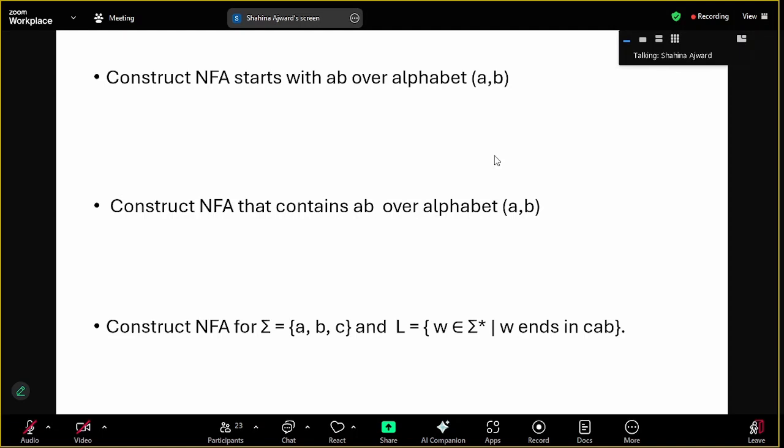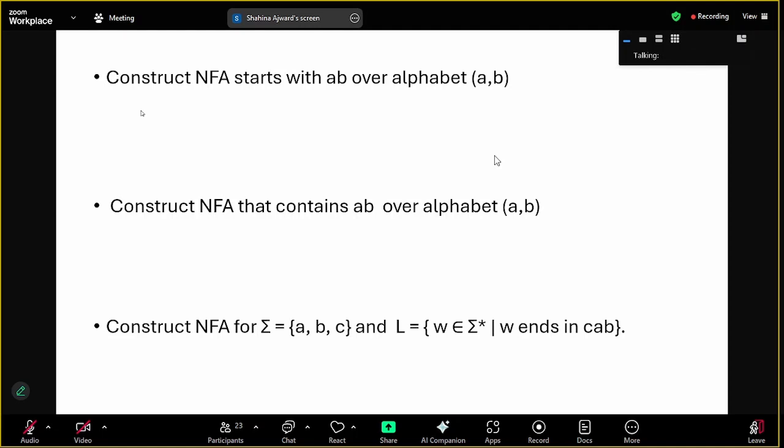It's not practical to try all the possible words, but you can just try words of maximum 3 or 4 lengths and see whether those words are accepted by that machine. If they are accepted, then that's the final machine.